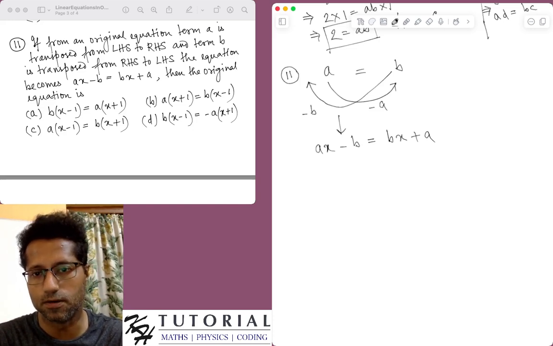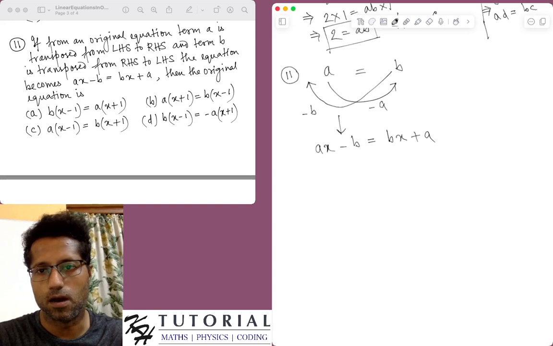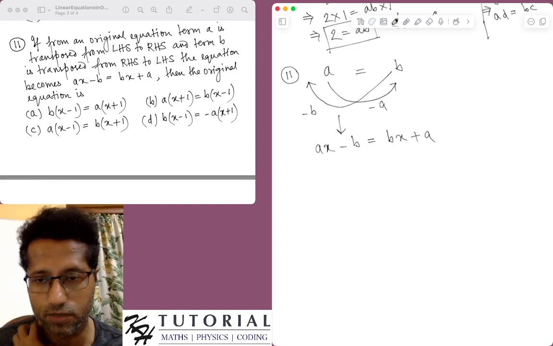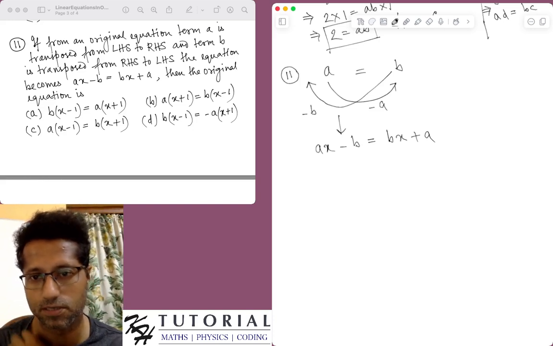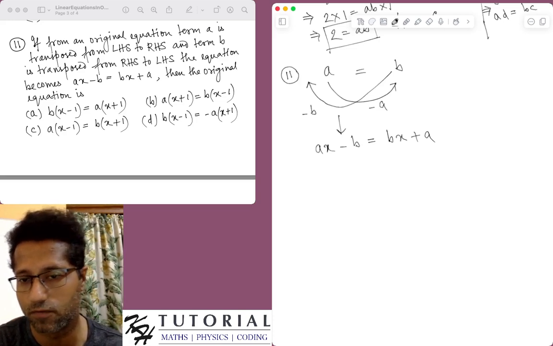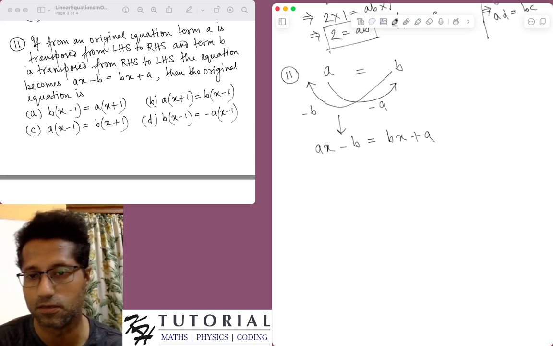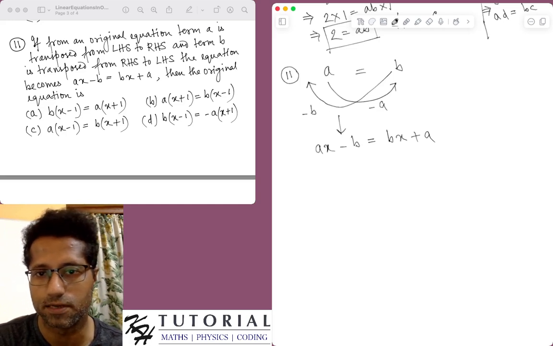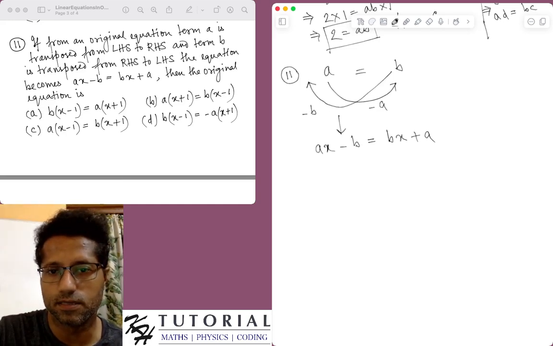In the original equation the term B was on the RHS, but after the transposition, the given equation has plus A on the RHS. So when it was transposed from LHS to RHS, in the original equation the term was minus A, not A.